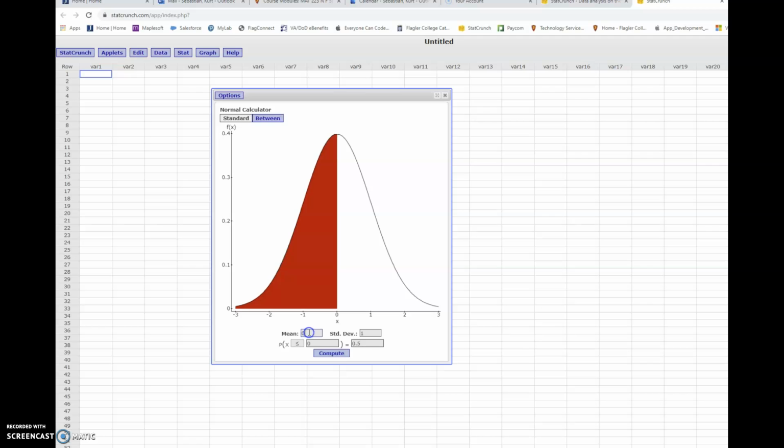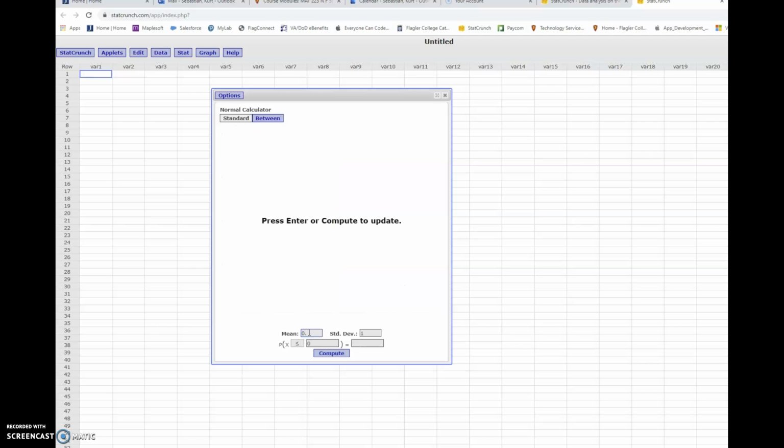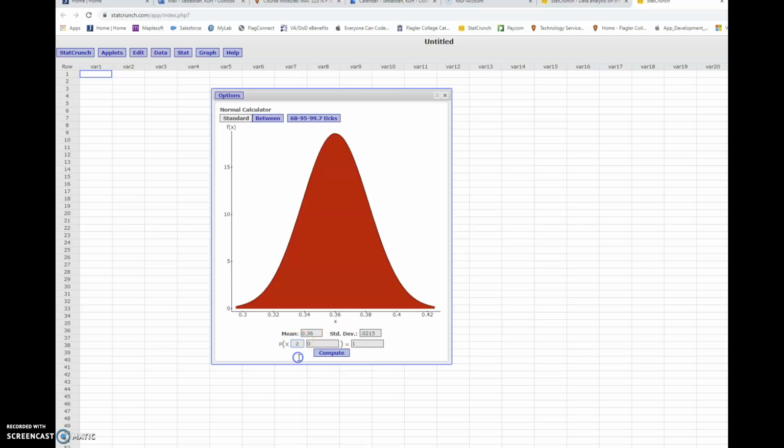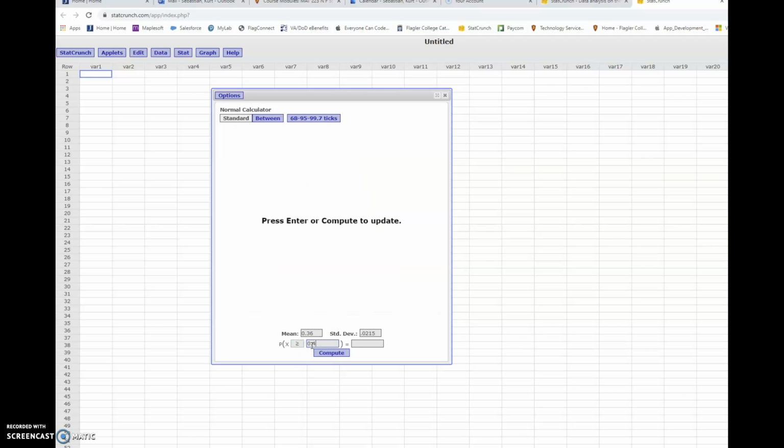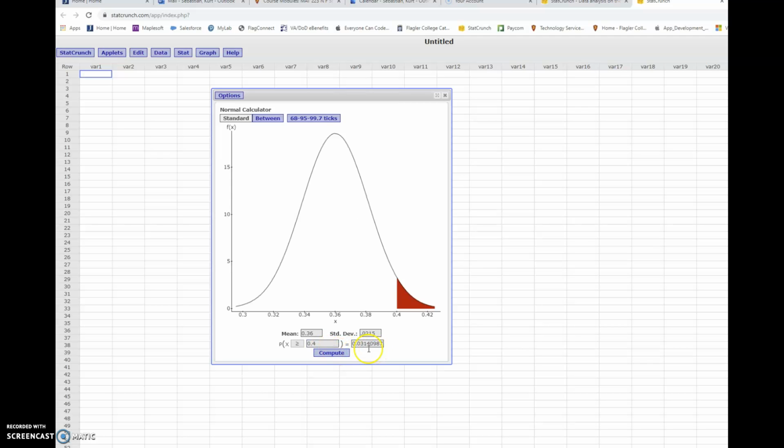Put in a mean of 0.36, a standard deviation of 0.0215. And then I want the probability that x is greater than 0.4. I can't put 40%, I have to put 0.4. I'll hit compute, and I got my 0.0314 value there. Okay, so I just wanted to remind you of that.